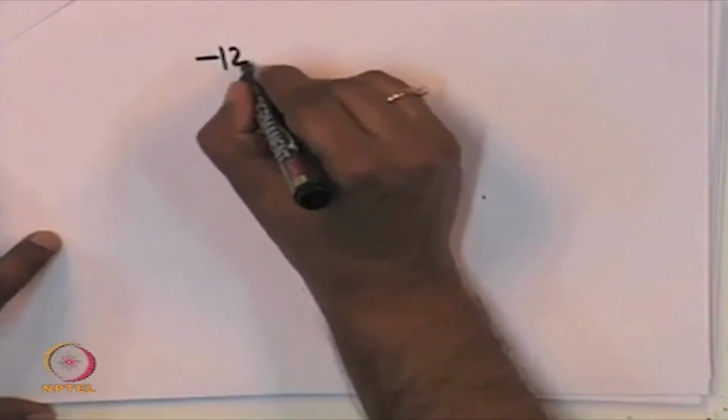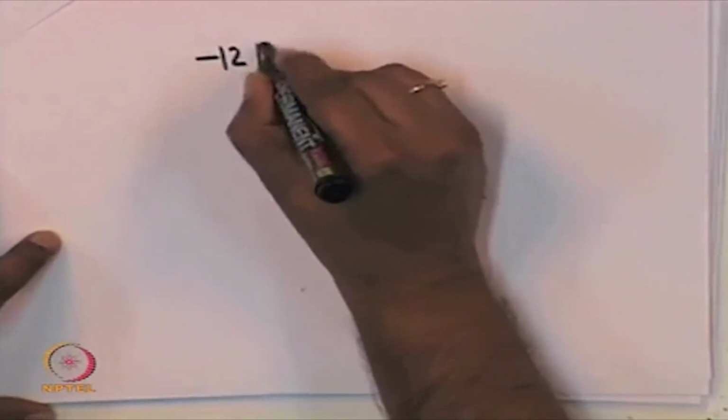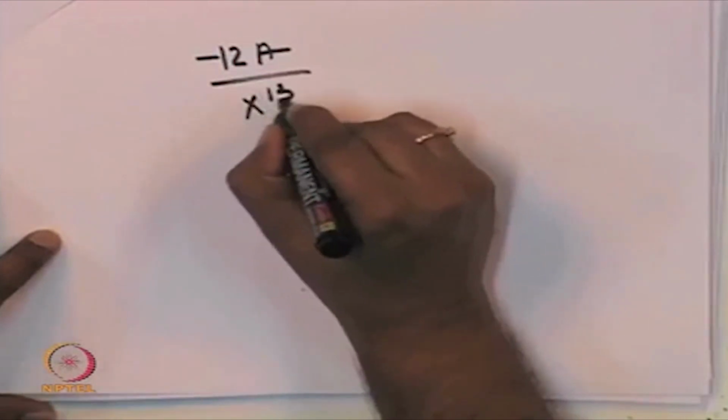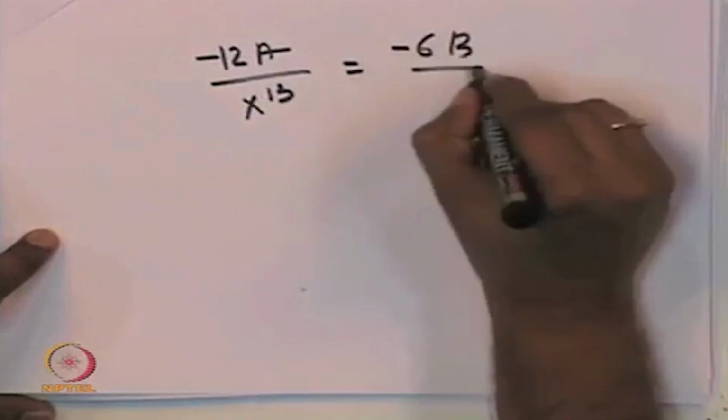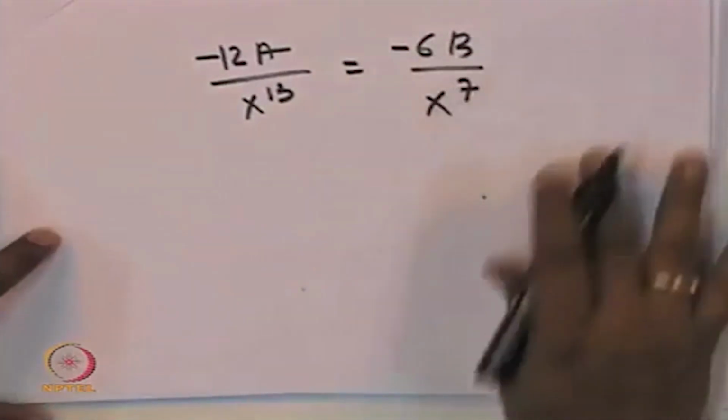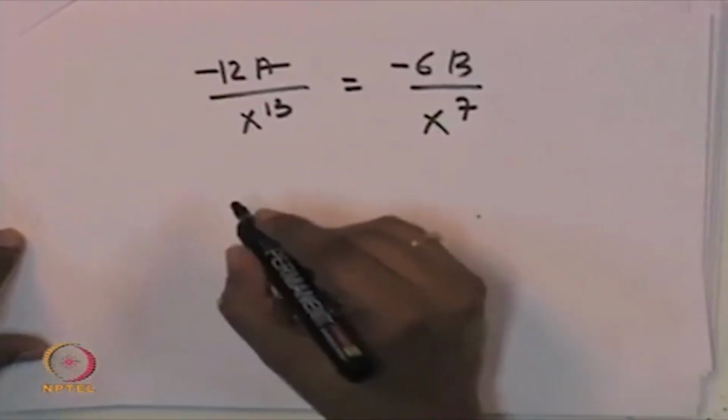Let us have a look at it. We want minus 12 a by x power 13 equal to minus 6 b by x power 7. This is what it means.